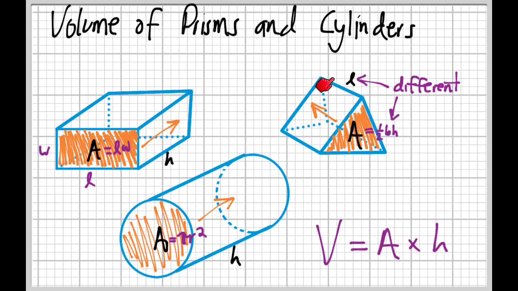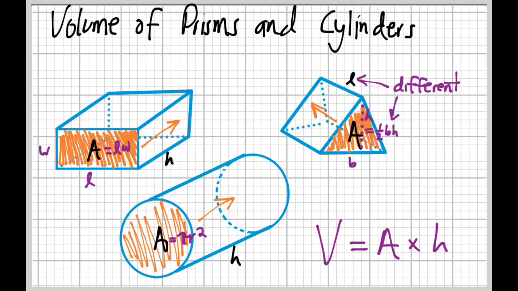They're just different, that's the important thing. The height for the triangle would be this height along here, and the base would be down along the bottom. Once we get the area for those shapes, all we do is multiply it by that length.